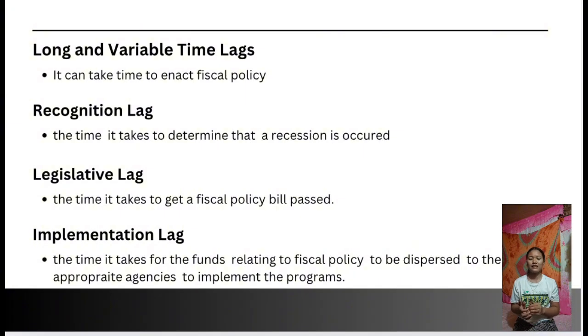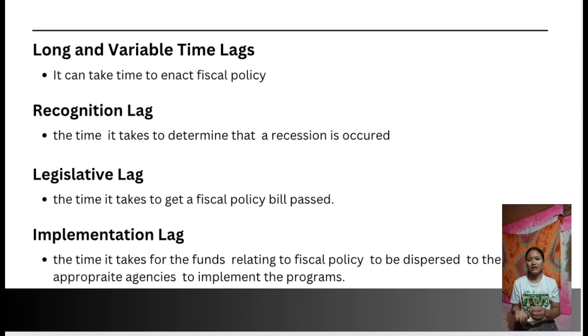Second is legislative lag, the time needed to pass new fiscal policy laws through Congress. For example, during the pandemic, the Bayanihan Act took time to pass despite the urgent need for cash aid and medical funding. The third is implementation lag. Even after the law is passed, getting funds to agencies and launching programs takes more time.